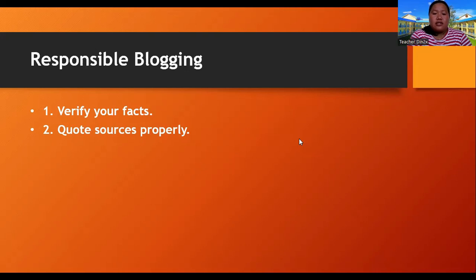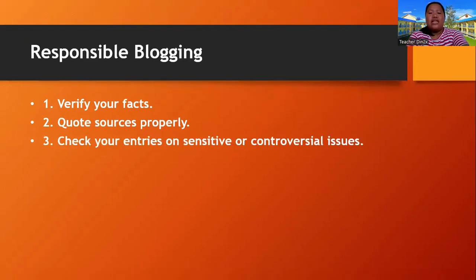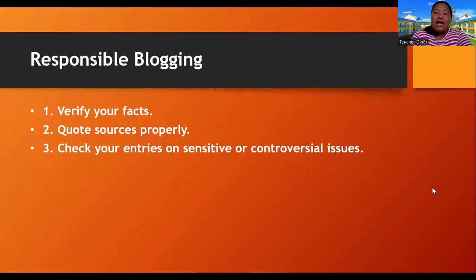Third one, check your entries on sensitive and controversial issues. When you plan to publish something on a controversial or sensitive issue, check your planned entry before posting to make sure that you are as objective as can be.